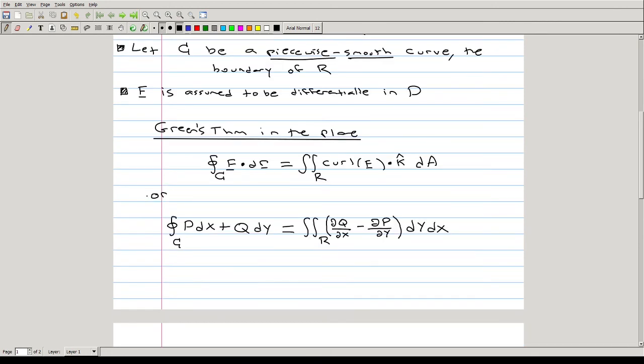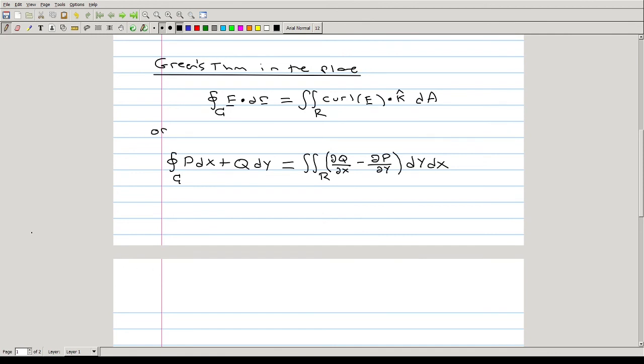And it's also important to point out here that all of these curves are going to be oriented so that we're moving in a specified direction around the curve.